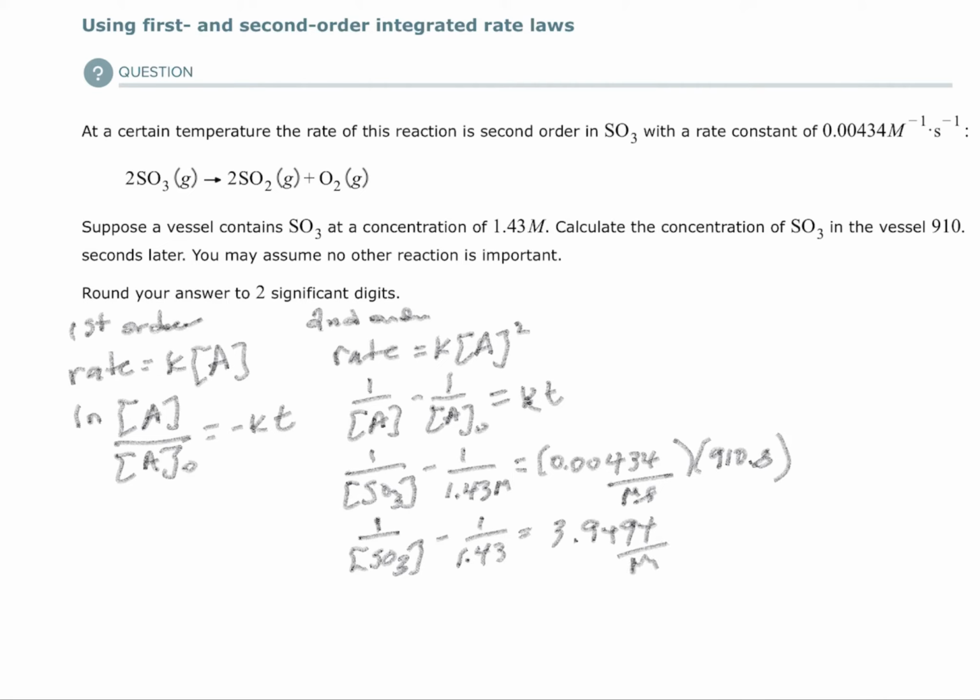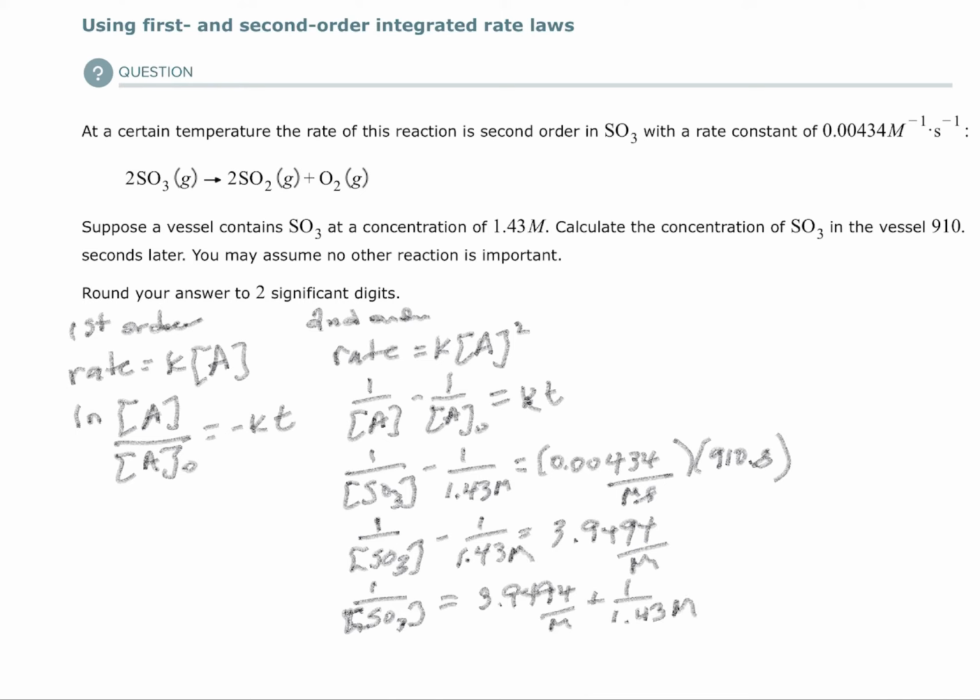Now, I'm eventually going to get SO3 concentration by itself, so let's get rid of the other fraction. So I have 1 over SO3 equals 3.9494, molarity on the bottom, plus 1.43, that's molar on the bottom.